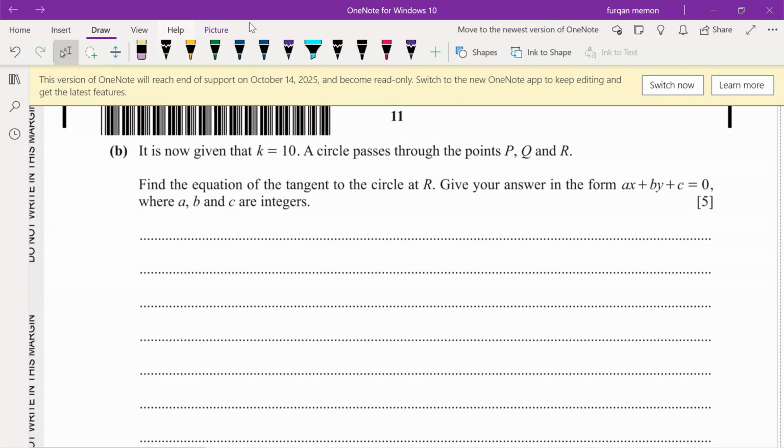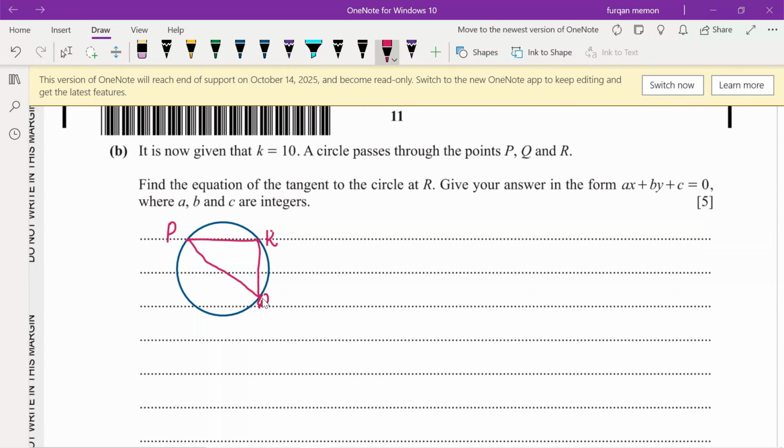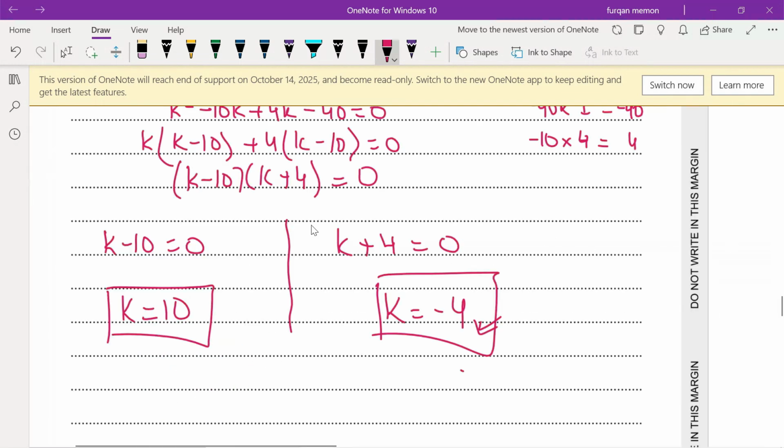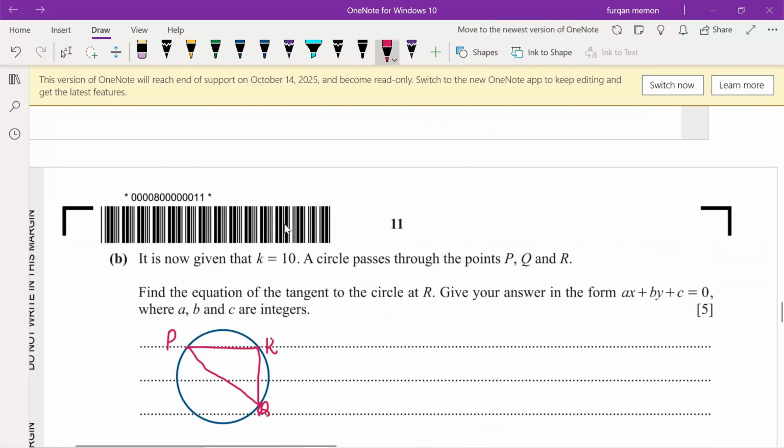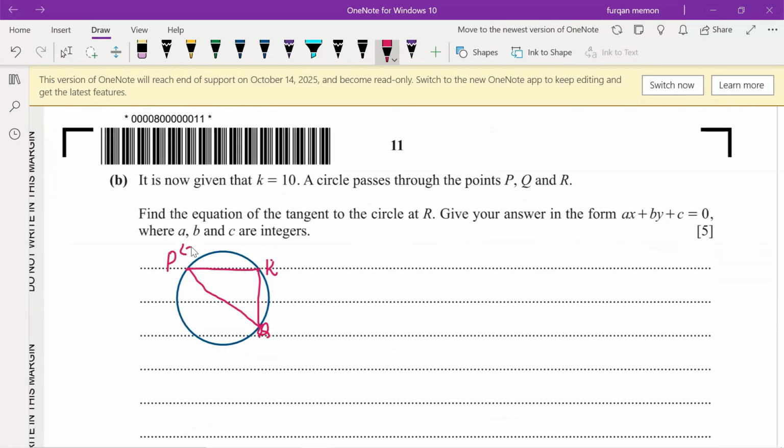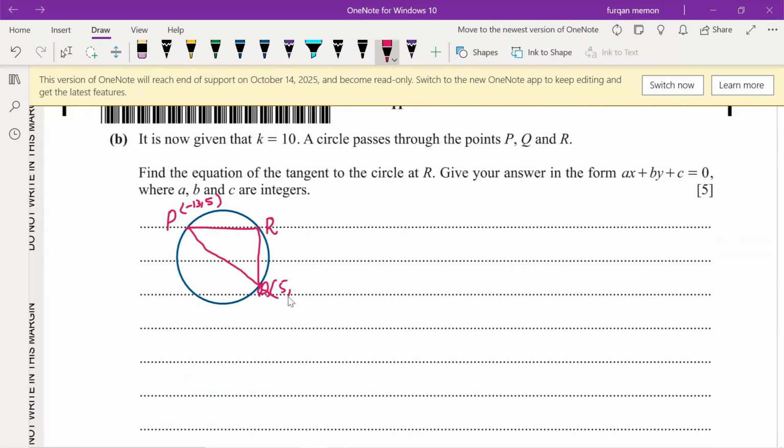So we are given a circle, and this circle is passing through the points P, R and Q. The points are (-13, 5), (5, 1) and (2, k), where k is 10, which is given.